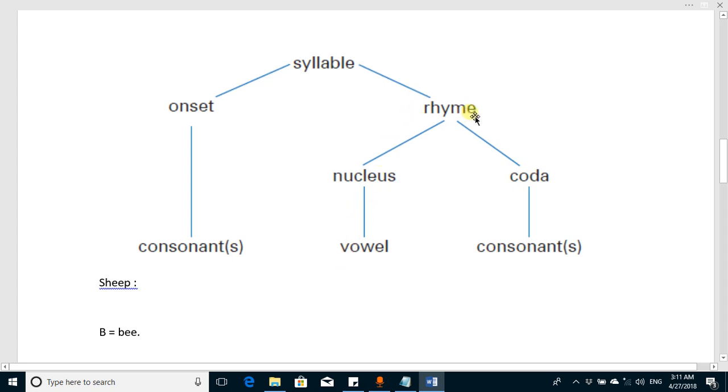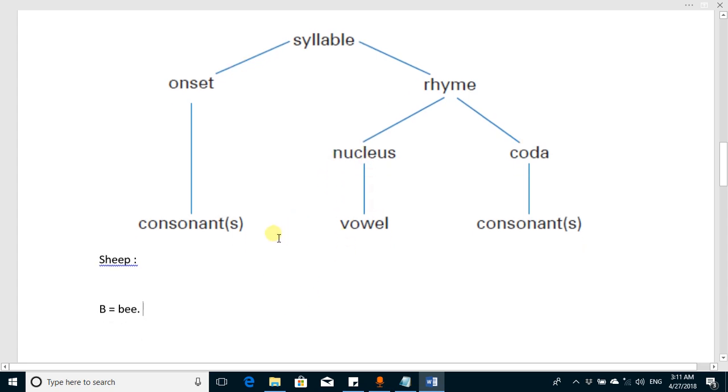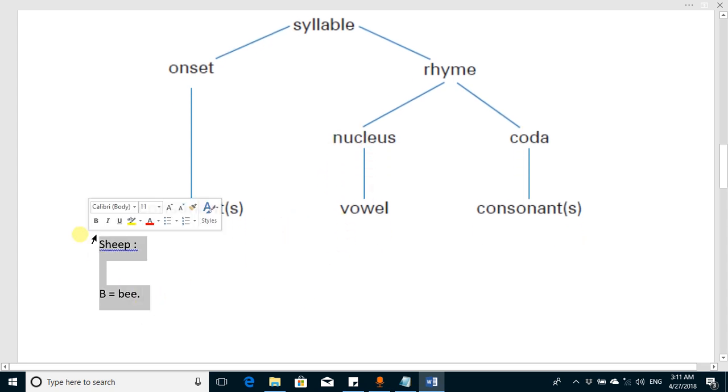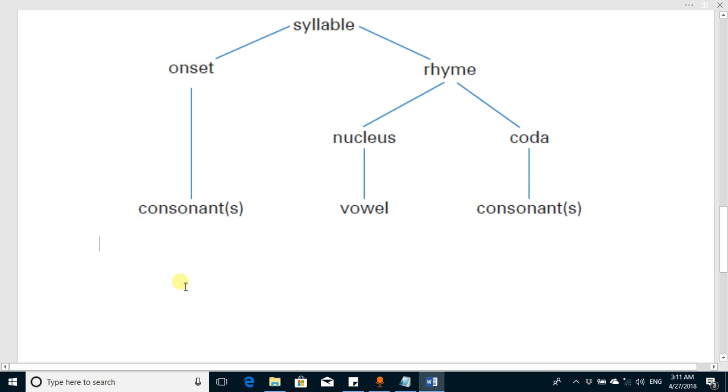The second part of rhyme is called coda, which is one or more consonants. Any syllable can or cannot have the onset part, and it can or cannot have the coda part, but it must have the vowel or nucleus part.